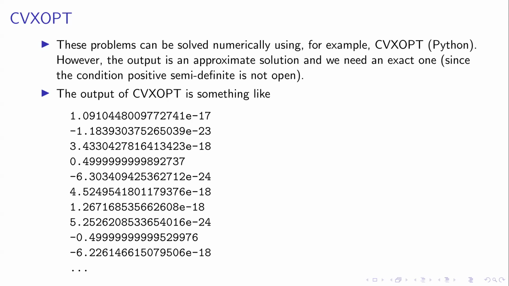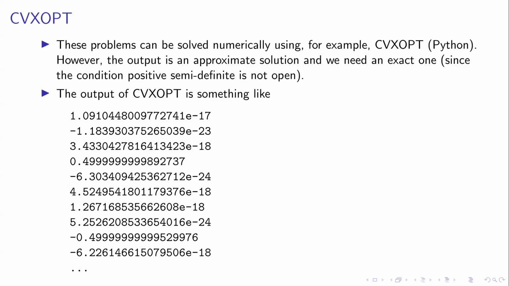The idea here is that you get a lot of entries with very, very small numbers, and you have to guess where there are zeros in the matrix and where you have something like, for example, 0.4999. Maybe in the exact solution there is 1/2.